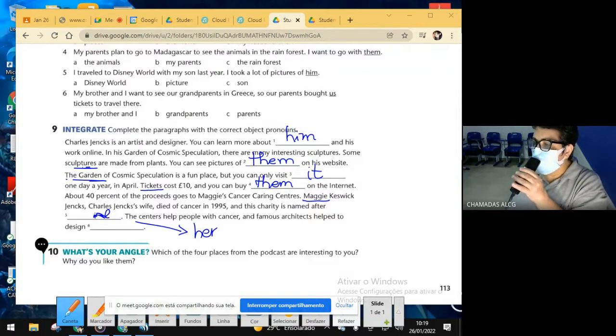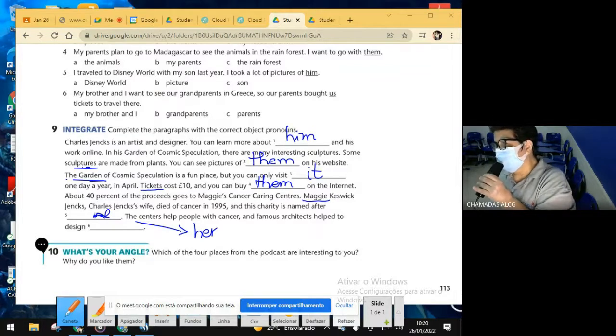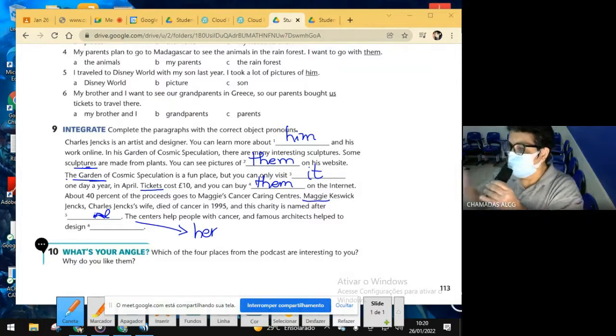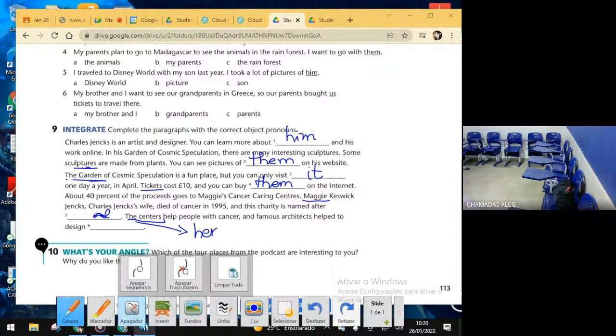The centers help people with cancer, and famous architects helped to design. Look, centers. So let me erase here.